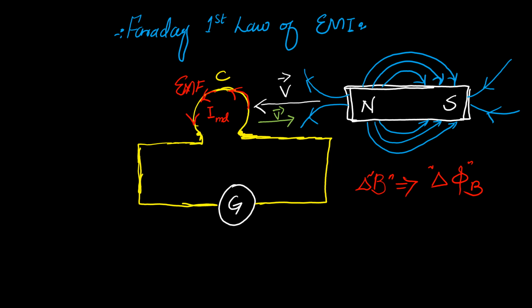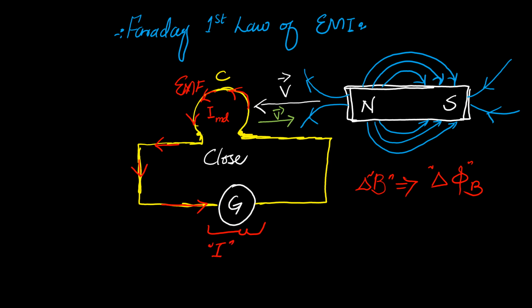We know that the circuit is a closed circuit, and the current has a specific path to flow through this circuit. So in this way, current will flow through this circuit and go toward the galvanometer, and the galvanometer will detect the induced current.